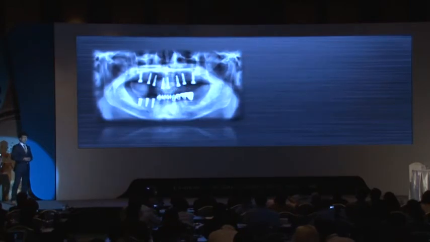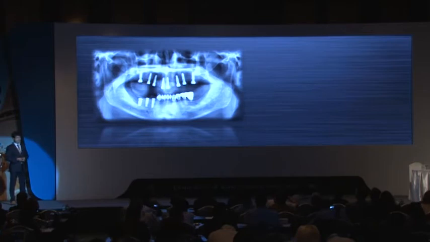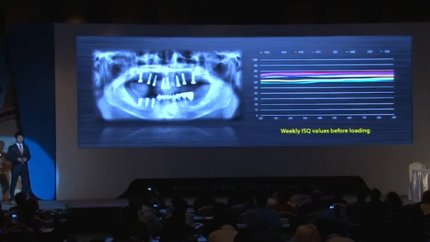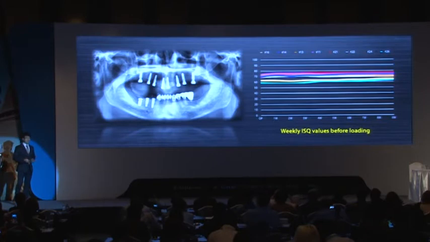Then I measured ISQ values immediately after implant installation and at an interval of 1 week. In this situation, Anyridge showed stable and increased ISQ values even in the first 3 to 4 weeks.